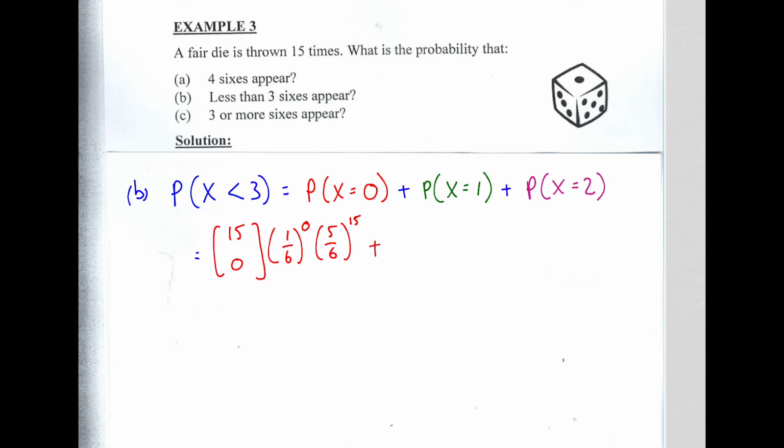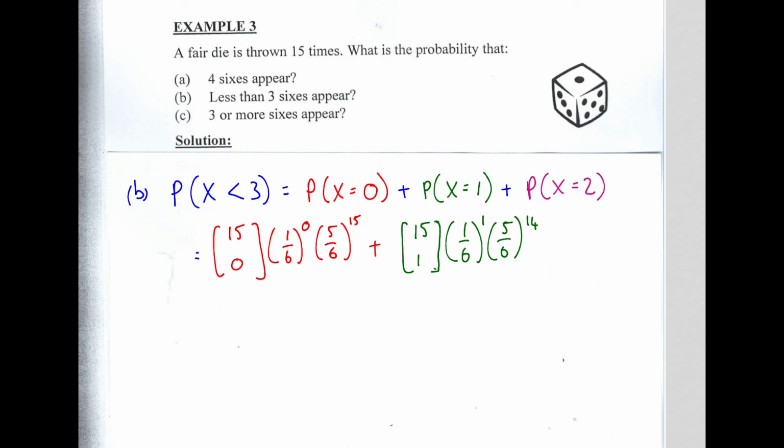To that, we add the probability that out of 15, there'll be 1 six. So 15 choose 1. And now the probability of 1 over 6, or that a 6 is happening, is 1, times the probability of it not happening will now be 14.